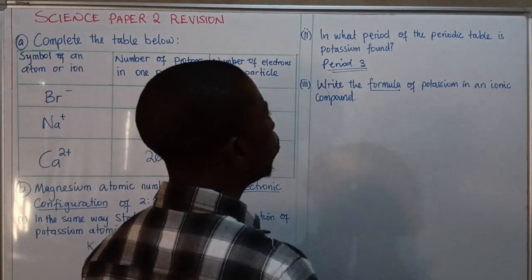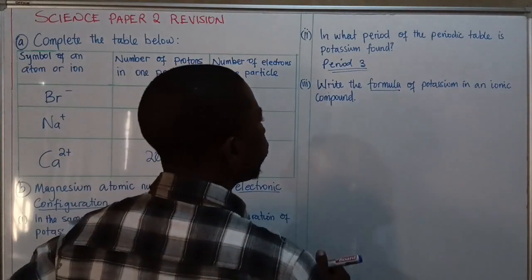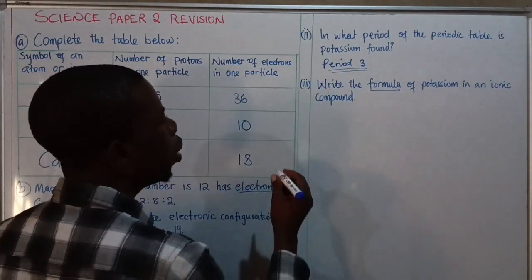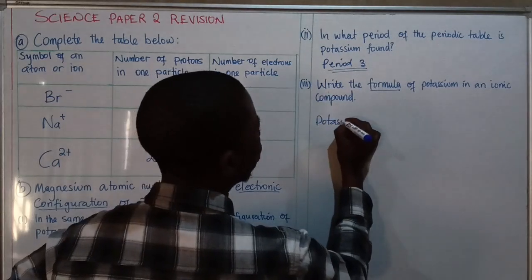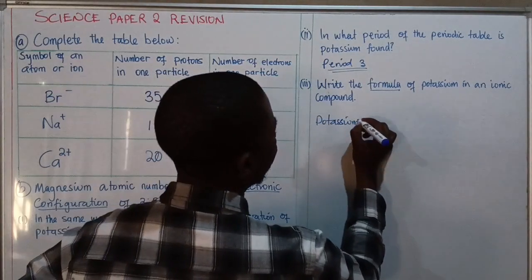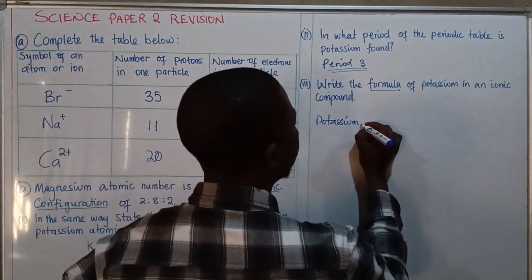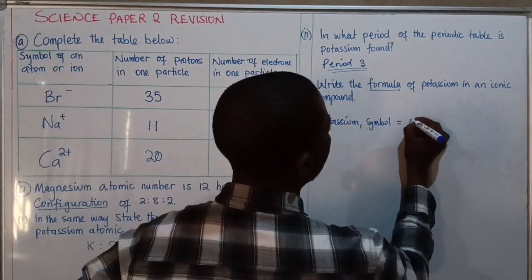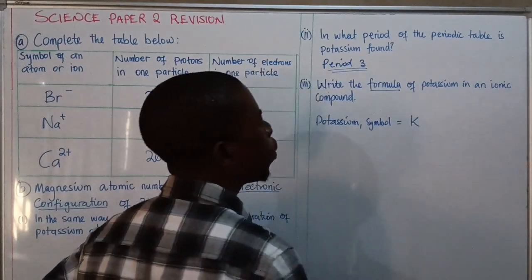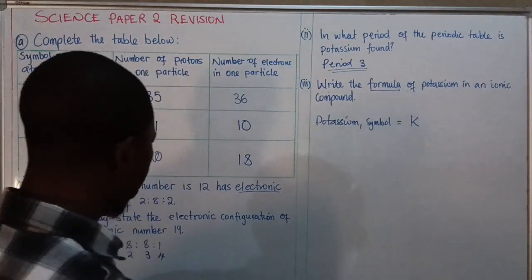So we know potassium, its symbol on the periodic table is K. That is its symbol.